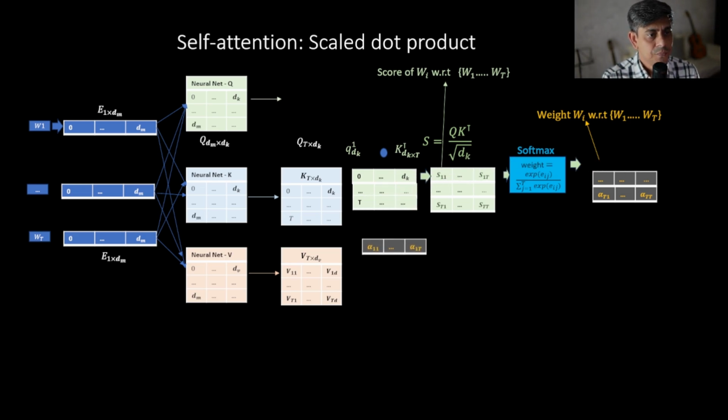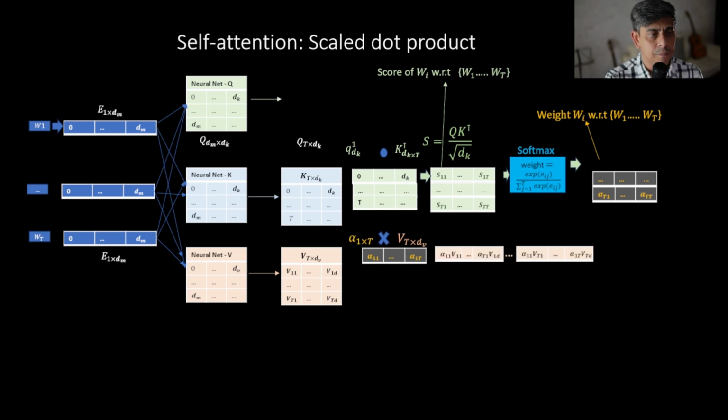Okay, we take this weight now, and then we apply this weight on V, right? That's how all our previous attention also worked in a similar manner. So what we are doing here is very simple. You drop this row here. If you drop this row, then you multiply them by the weight. You are essentially seeing this weight alpha 11 is multiplied with V11, and this weight alpha 1t is multiplied with V1d.